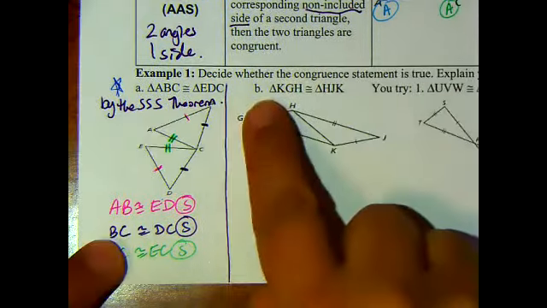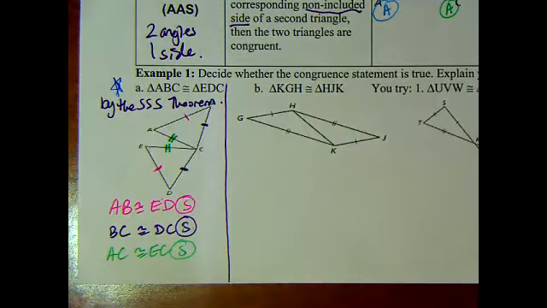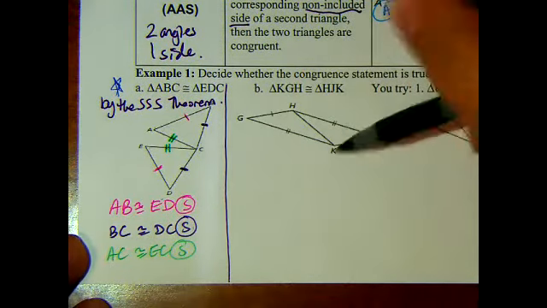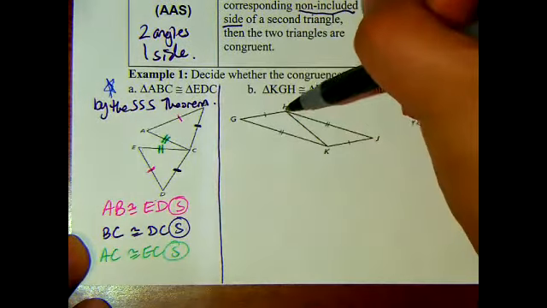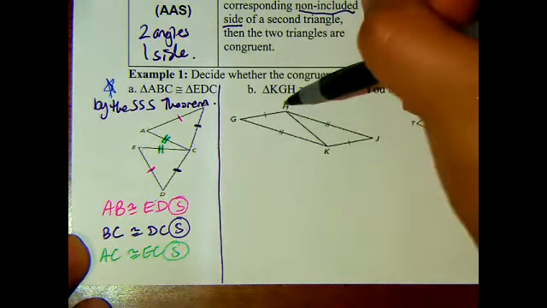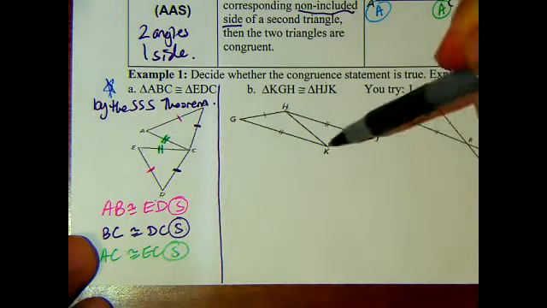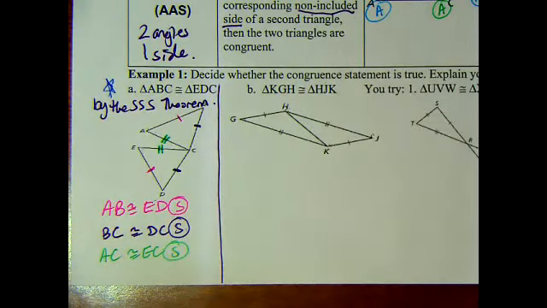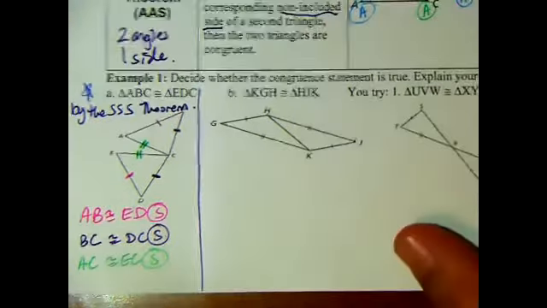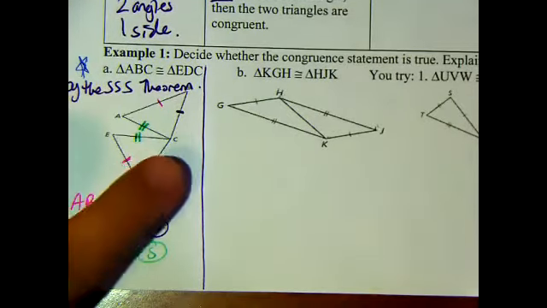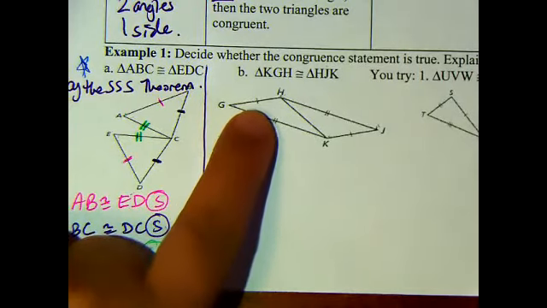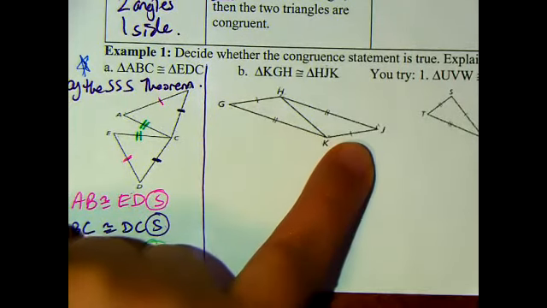I have triangle KGH. So this triangle right here is congruent to HJK. Okay. Looking at these two triangles here, I have a tick mark on GH and a tick mark on KJ.